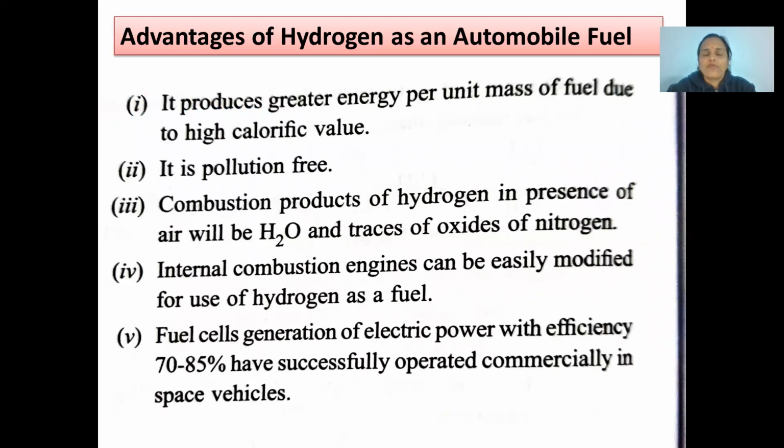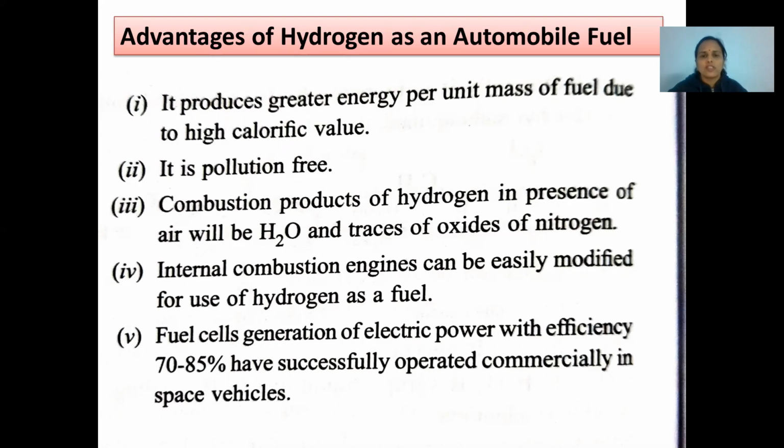Let's have a look at the advantages of hydrogen as an automobile fuel. It produces greater energy per unit mass of fuel due to high calorific value. It is pollution free. Combustion products of hydrogen in presence of air will be H2O and traces of oxides of nitrogen.